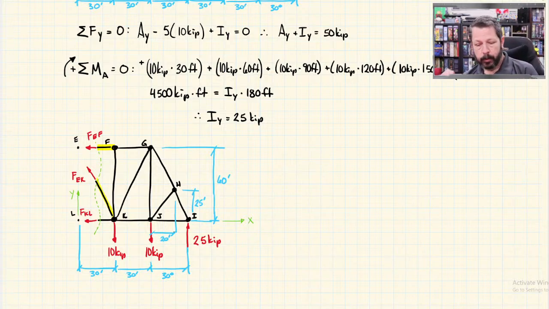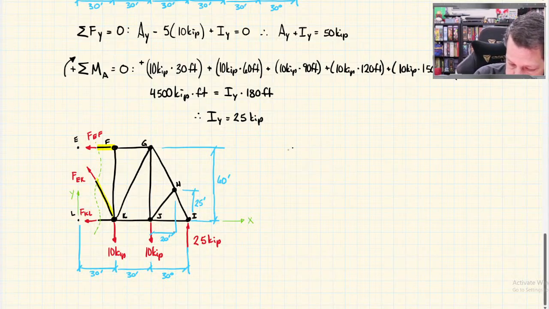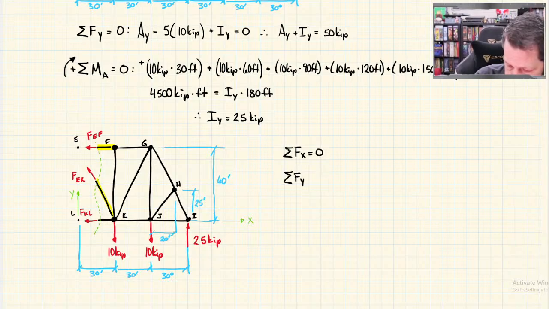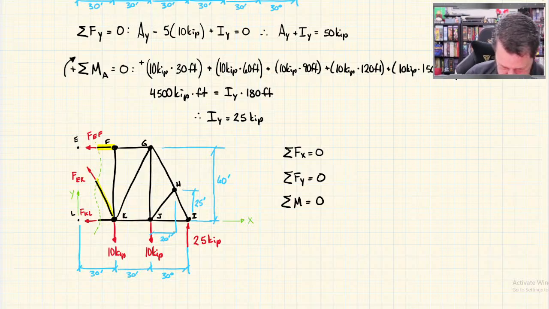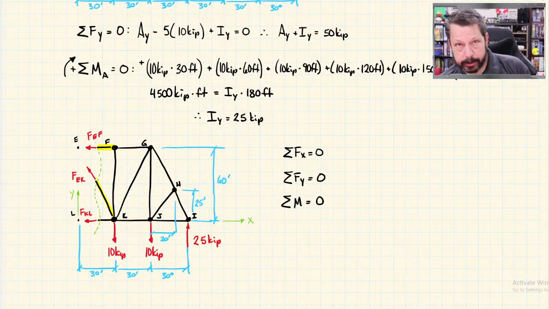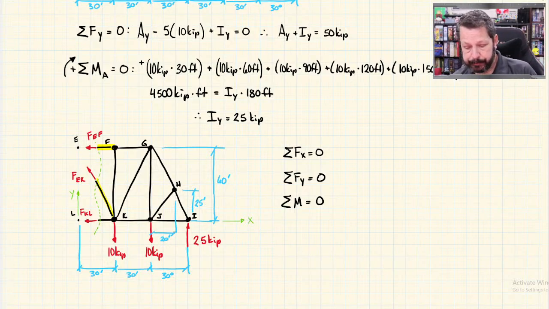So once you get to this point, you have three equations. X and Y, just like a 2D concurrent force system, and you can write a moment equation about some point.